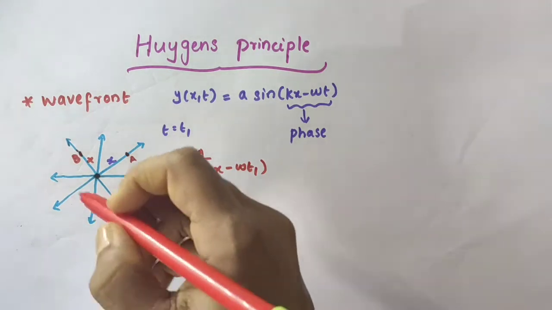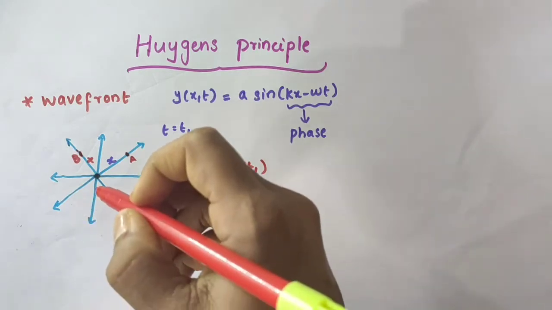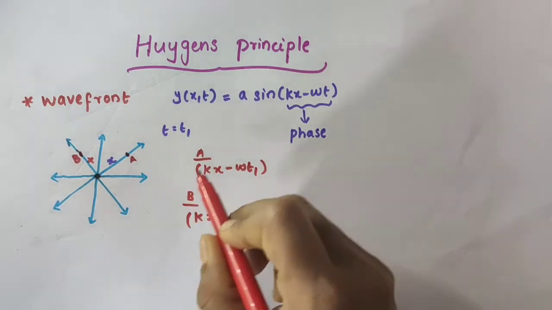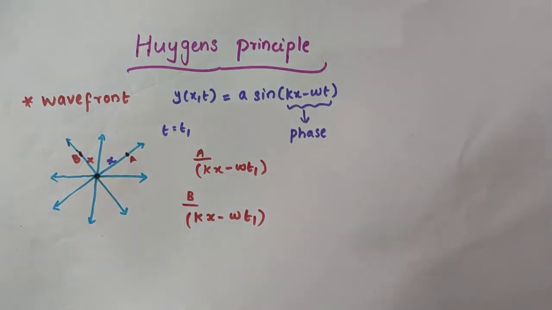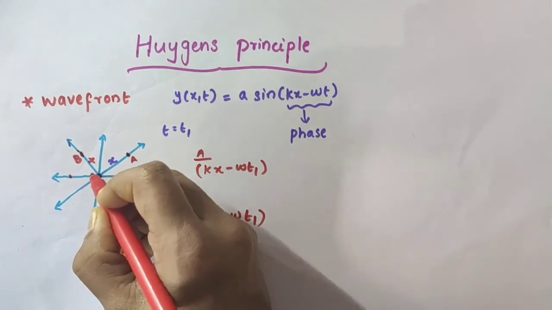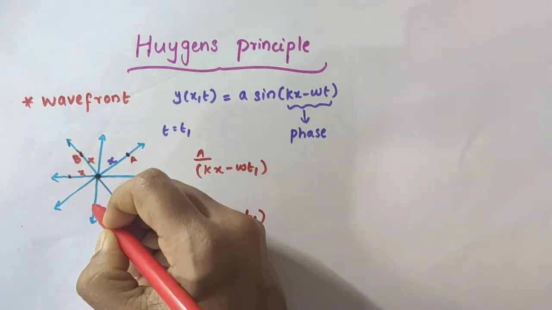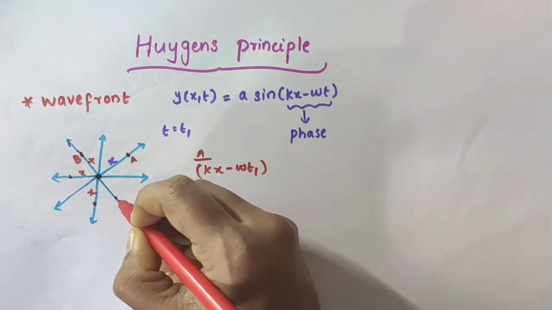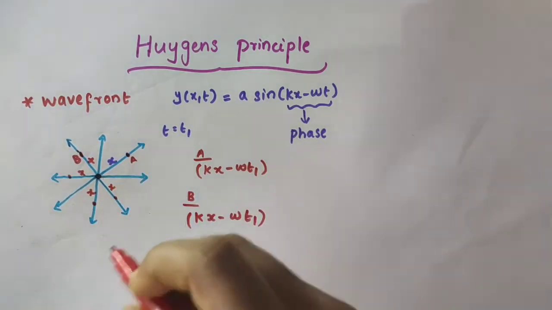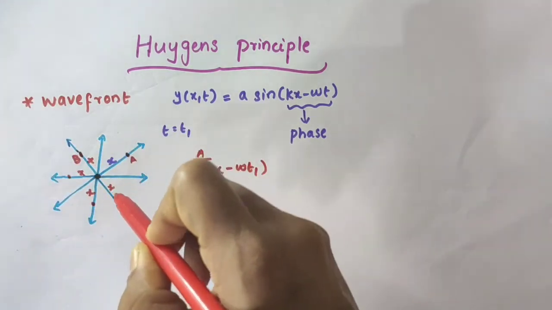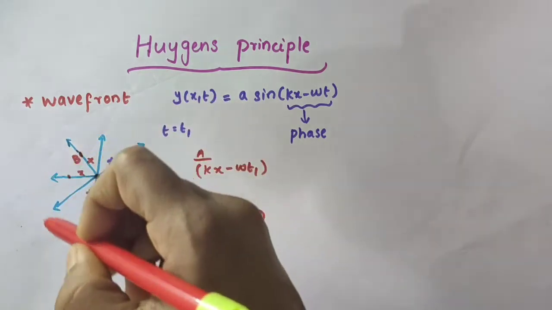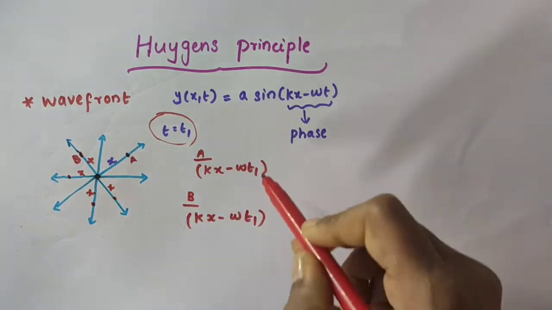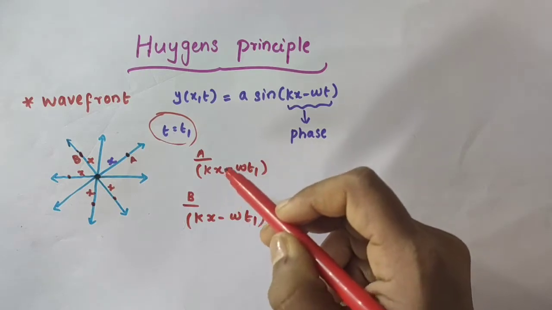So if we consider a number of points which are x distance away from the point of impact at the same time t equal to t1, their phases will be the same, that is kx minus omega t1.